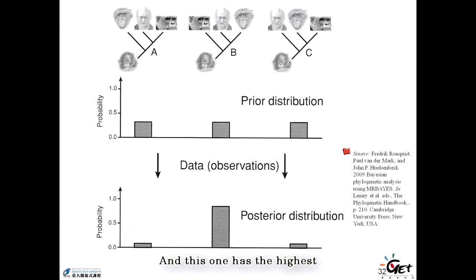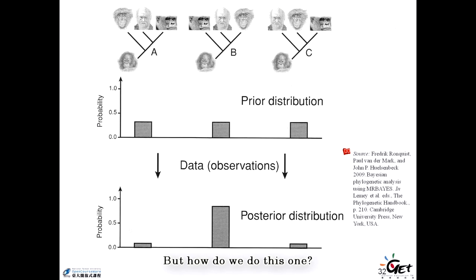This one has the highest posterior probability for a particular data set, which means there's a higher probability for this tree to be true given the data set. So that's the thinking of Bayesian inference.